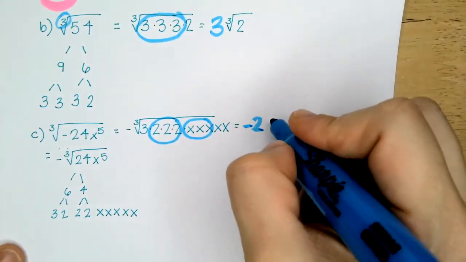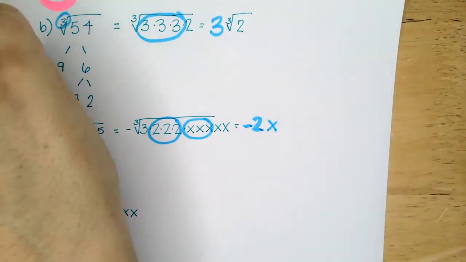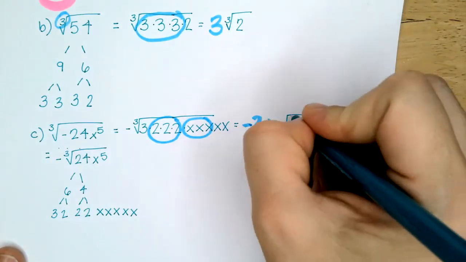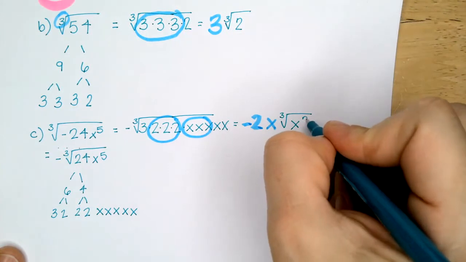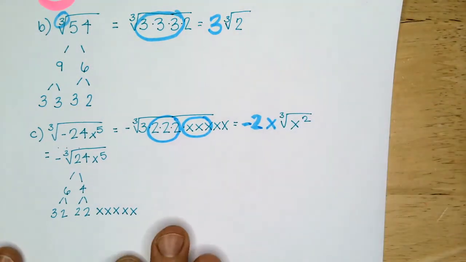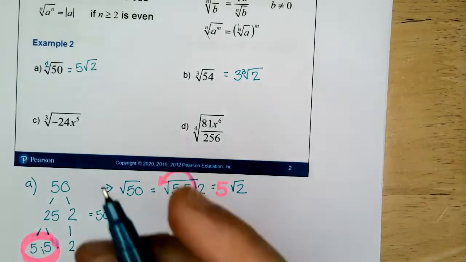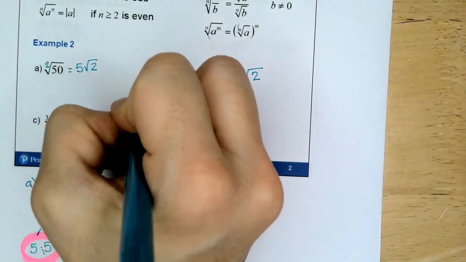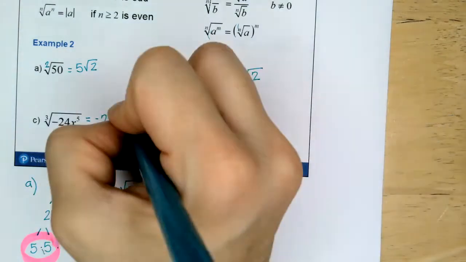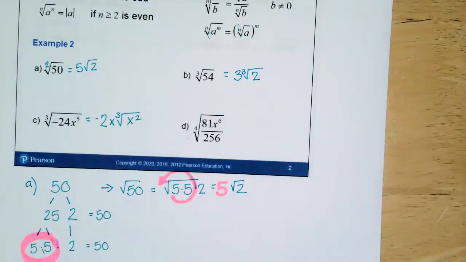Negative 2 x. Everything else stays inside. Cubed root of x. I don't need to write 2 x's. I can just write x squared. Negative 2x times the cubed root of x squared. Good.